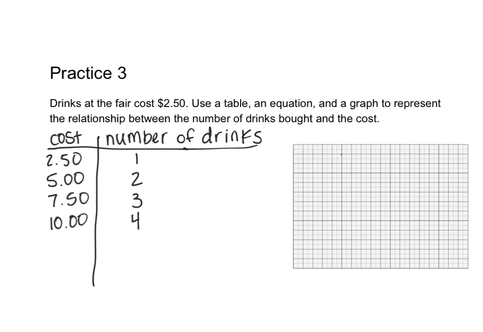Let's graph 3 of the points. And remember, guys, when you are graphing, you can make whichever axes you want. So you could make the cost here, or you could have made it the other way around. And we'll make this the number of drinks.